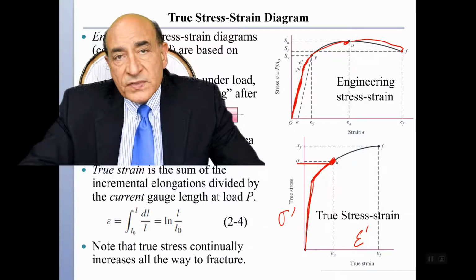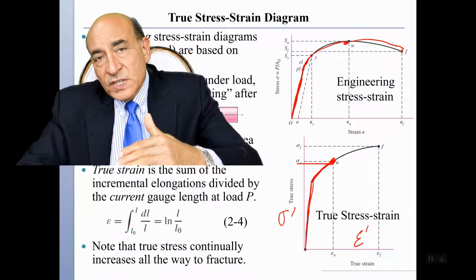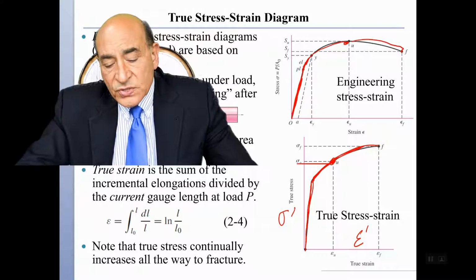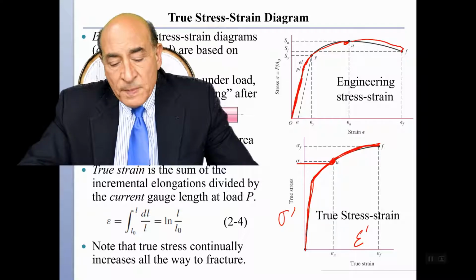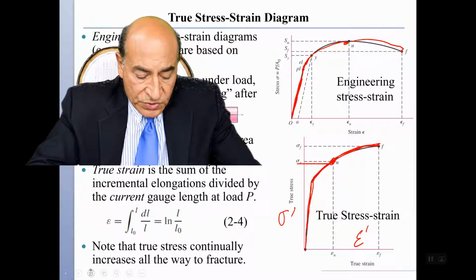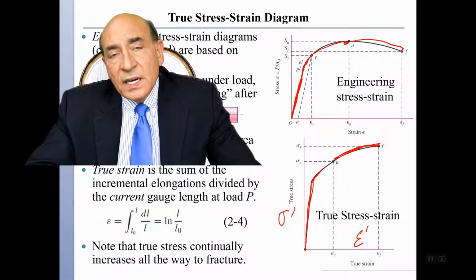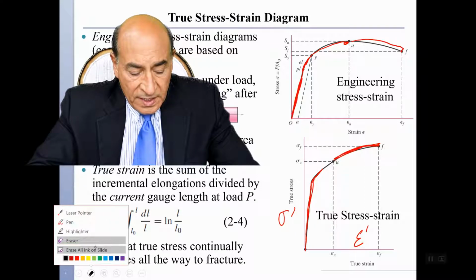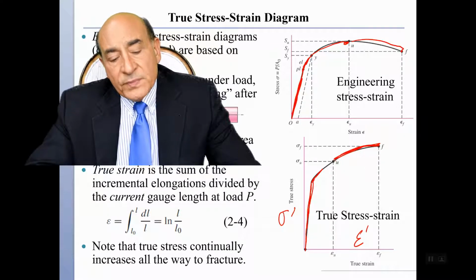Because in the softening regime the load decreases a little bit slower than the decrease in the cross-section, the effective stress, or the true stress, continues to increase. So typically, the true stress-strain curve continues to increase without a maximum point, as we will see here.